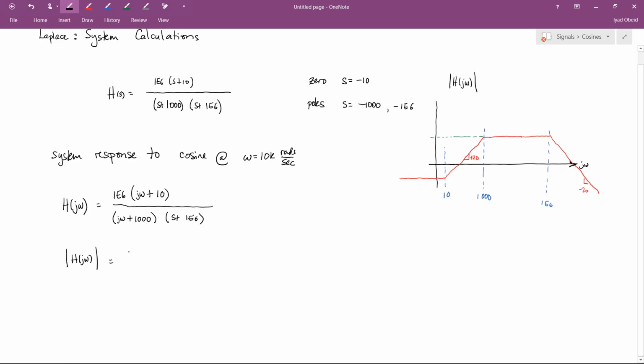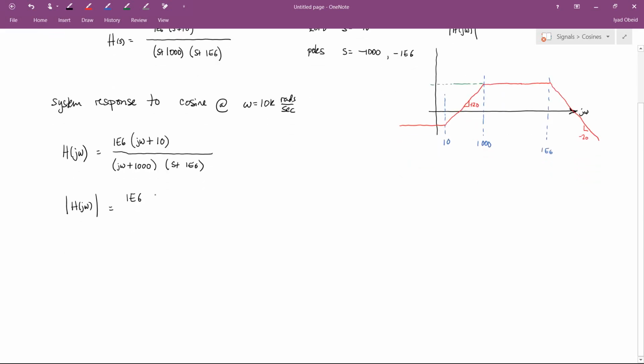I would have to take the magnitude of the numerator divided by the magnitude of the denominator. And the magnitude of the numerator is going to be the real part squared plus the imaginary part squared, square root. So it's going to be the square root of 10k squared plus 10 squared, and that handles the numerator.